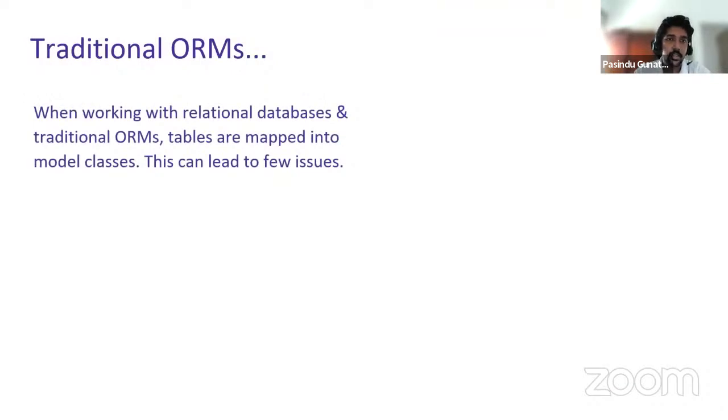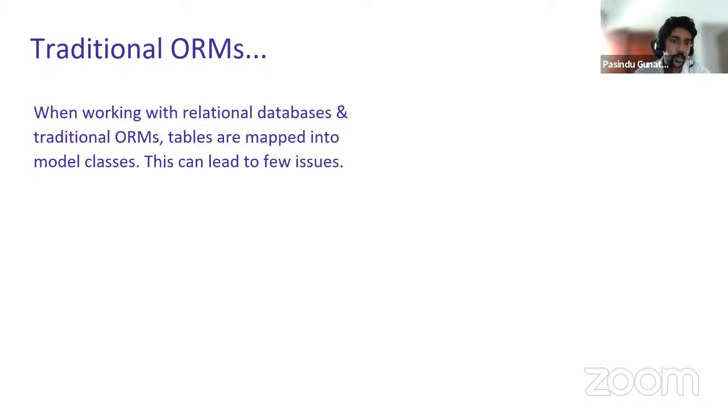If we take traditional ORMs working with relational databases, the tables are mapped into model classes. Those are two different representations, because you can't exactly represent an object-oriented representation in a relational representation.